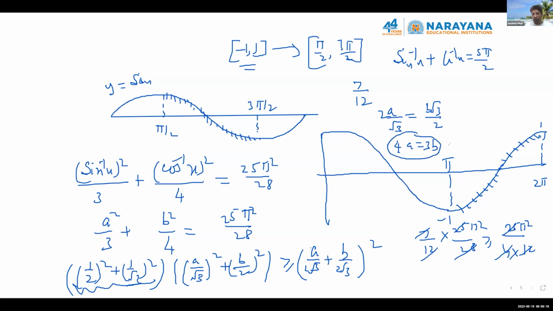And A plus B is 5 pi by 2. So 2 equations and 2 unknowns, you can get the value. Got it? So this was again a boundary value problem, where the equality is achievable and the ratios are equal.